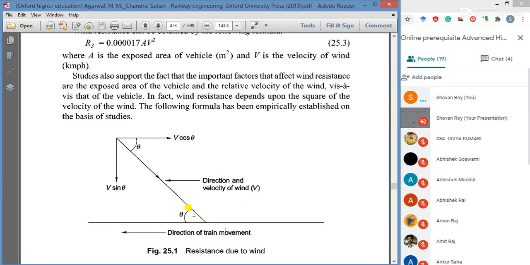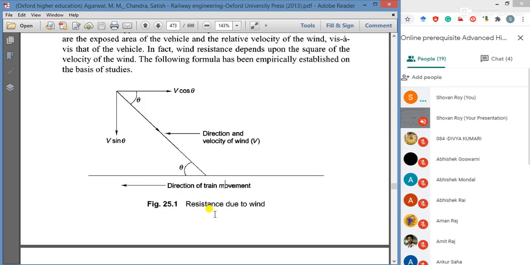So when this theta value is available and the velocity of the wind is available, we can calculate the resistance due to wind. Already I have said that if this theta is available to us, we can also convert it in the x direction or in the y direction easily.